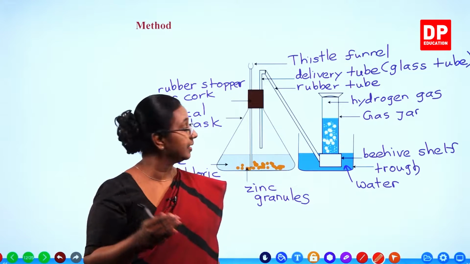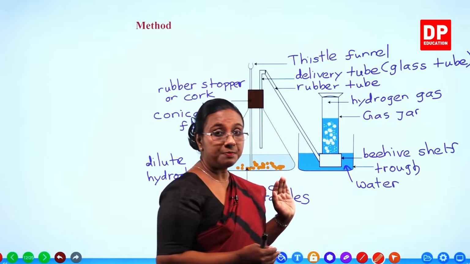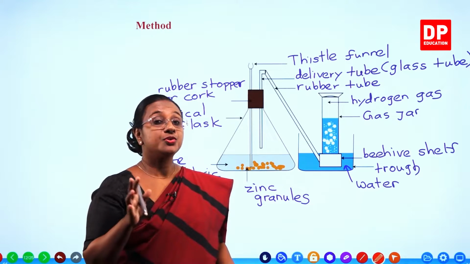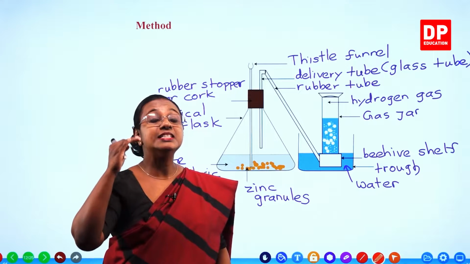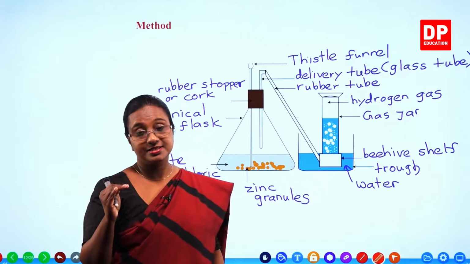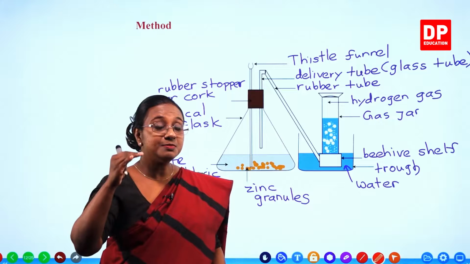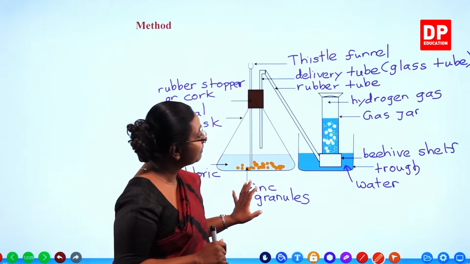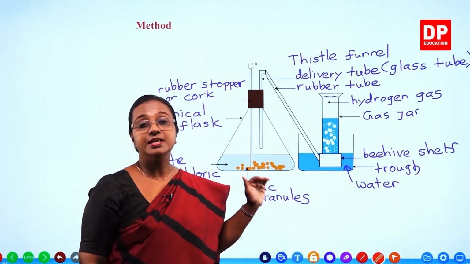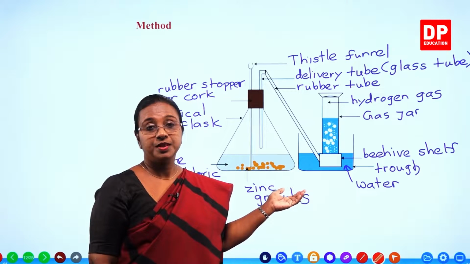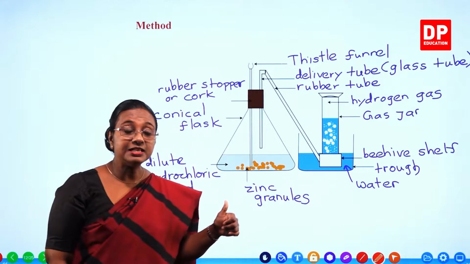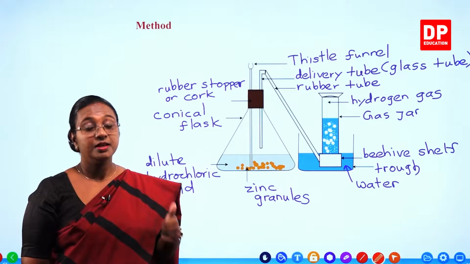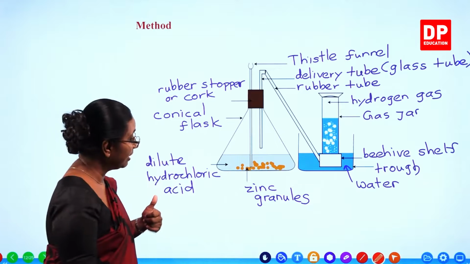So hydrogen will go up, water will be pushed downwards. So there the water is displaced by hydrogen gas and it is displaced downwards. Because of that, we call this method downward displacement of water. So we can collect hydrogen using the downward displacement of water. That is one method that can be used.